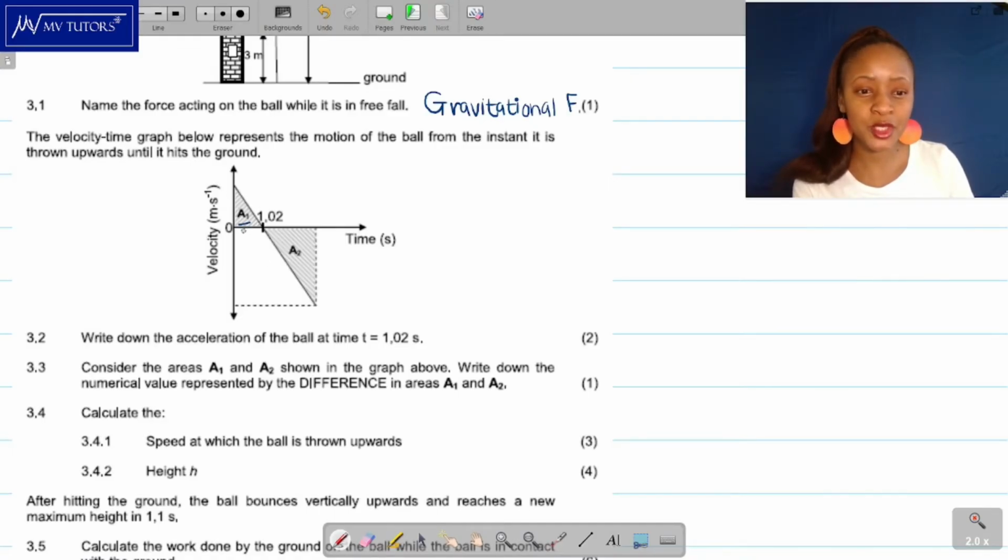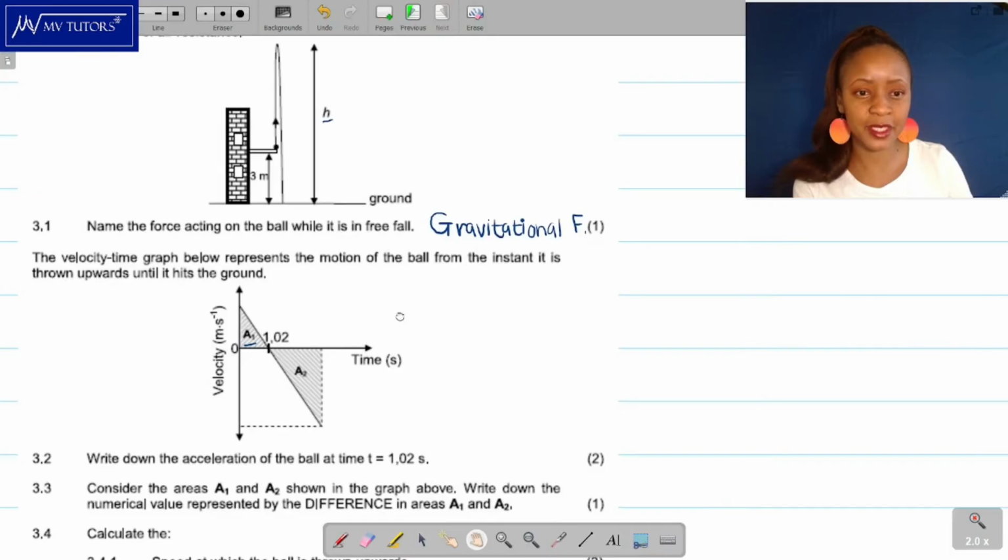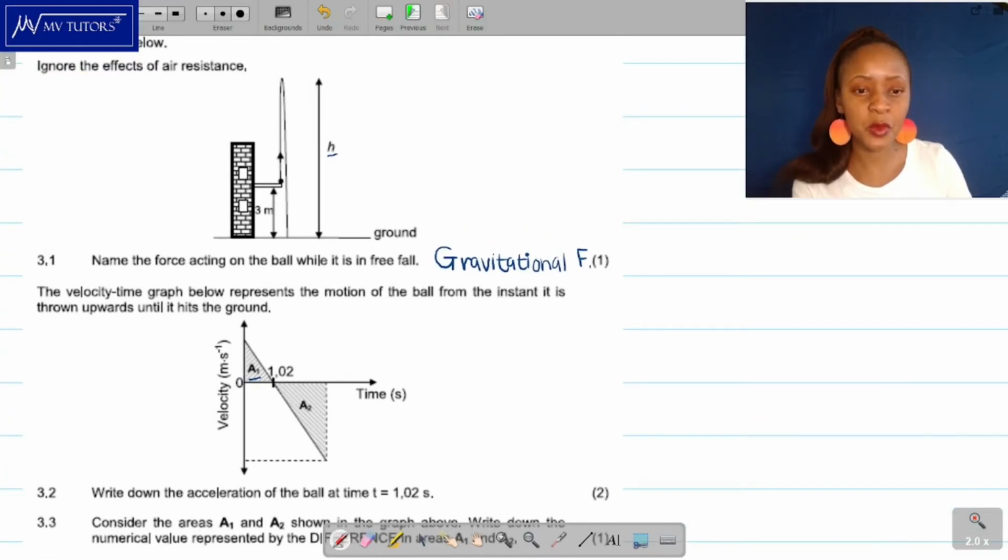So if you wanted to know how high this portion is, you would use the area under the graph, which would be half delta t times the velocity there.